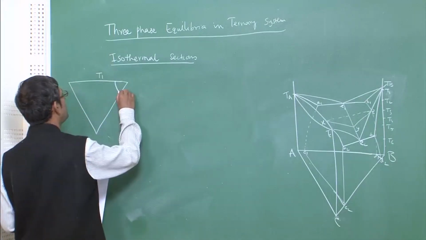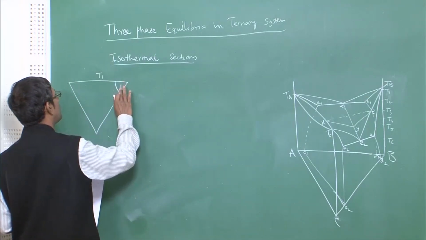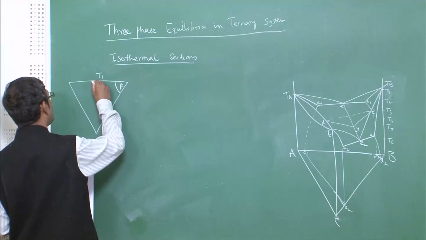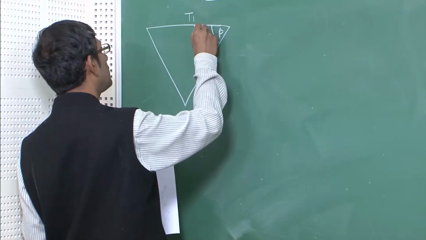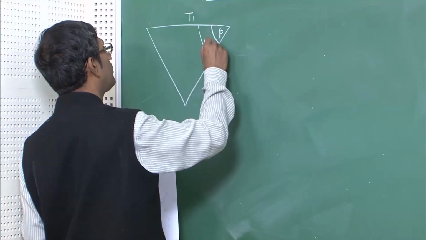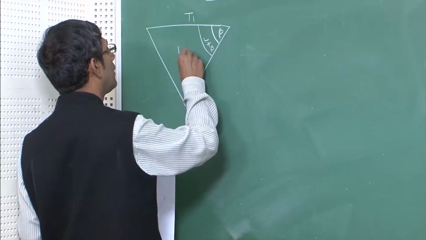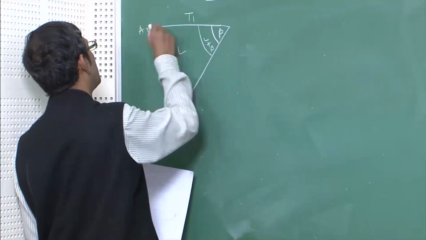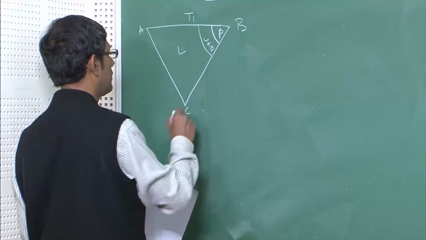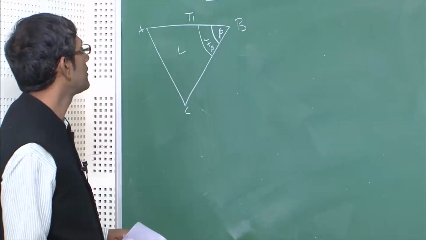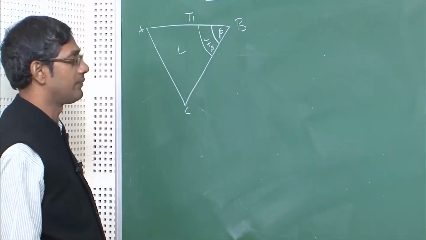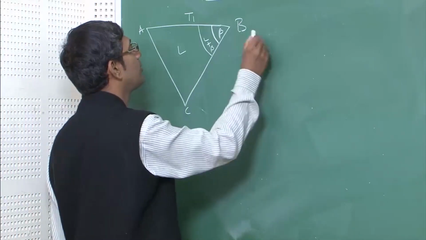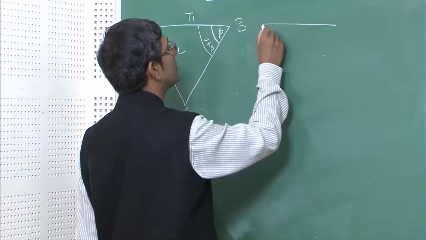So, therefore, this will be beta, and then we have a very small zone, liquid plus beta, largest beta. This is the section at T1. I told you this is very easy, I do not need to discuss in detail.